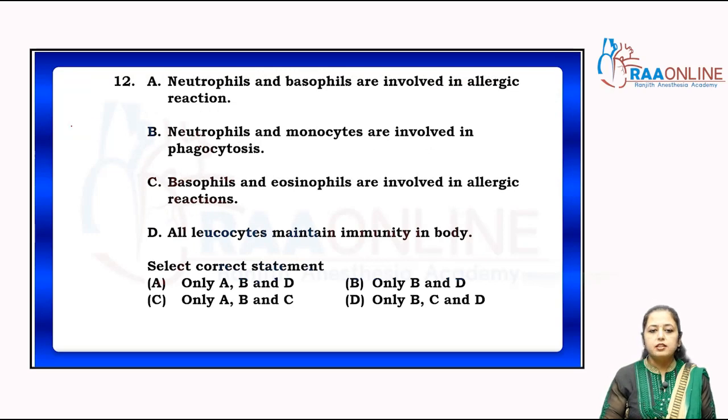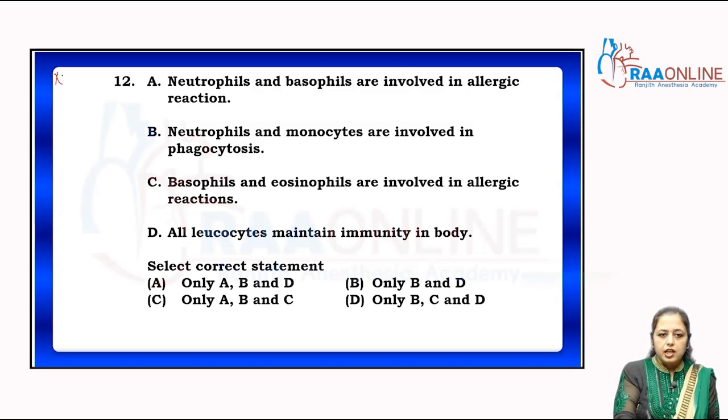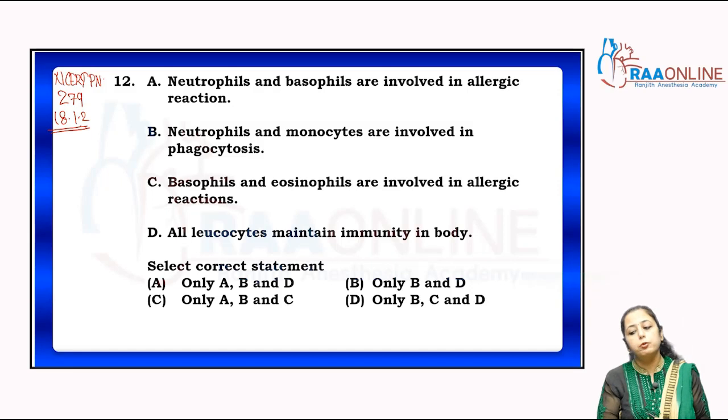Now come to the next: neutrophils, basophils, which are related to the WBCs. This information regarding the blood cells, the formed elements, is also given on page 279, section 18.1.2, in the third paragraph on the WBCs, the leukocytes.